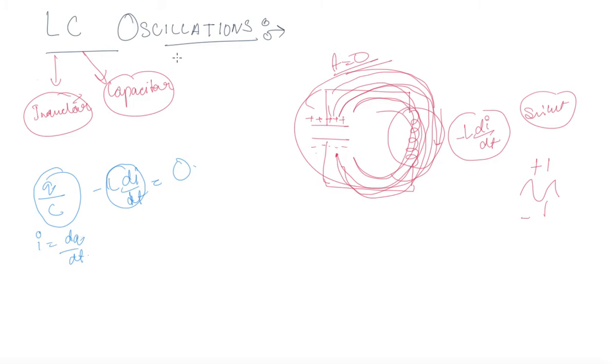Now we can establish that d square q upon dt square plus 1 by LC into q is equal to 0. This is the relation that we have established.